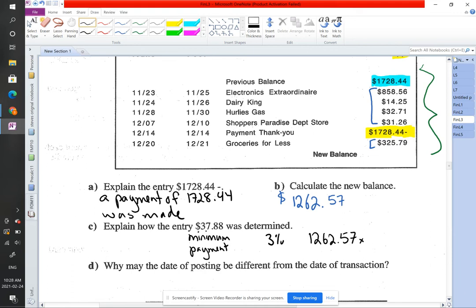We're going to multiply it by 3% as a decimal, 0.03. And if we do that, we get $37.88. The minimum payment is going to be 3% of your balance or $10, whichever one's more, and obviously 3% of that is much more.